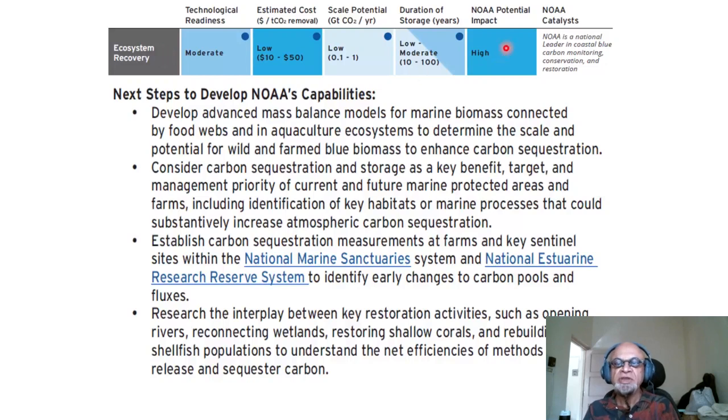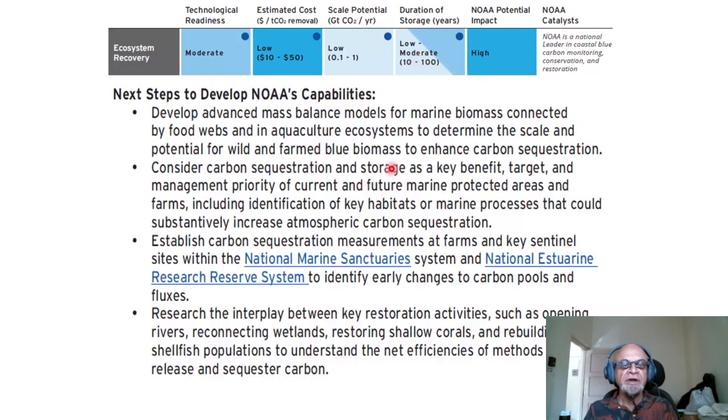NOAA's potential impact can be high here, and estimated costs are reasonable, but scale potential is low and duration is low to moderate. So it can help to be part of the portfolio and overall reduction up to 2100, by which time hopefully you have all the other technologies fully ready to go, and so on and so forth.